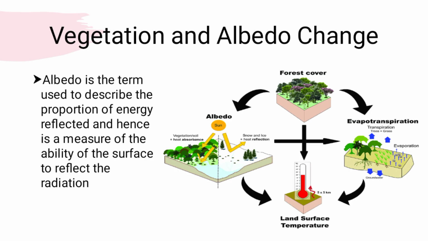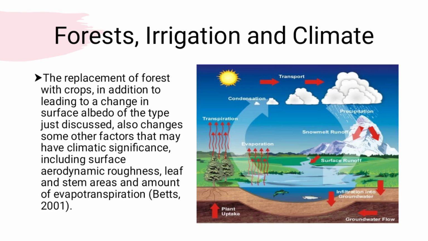So, vegetation and albedo change. Albedo is a term used to describe the proportion of energy reflected and hence is a measure of the ability of the surface to reflect radiation. Forest, irrigation and climate.